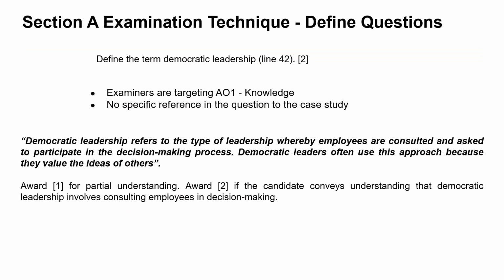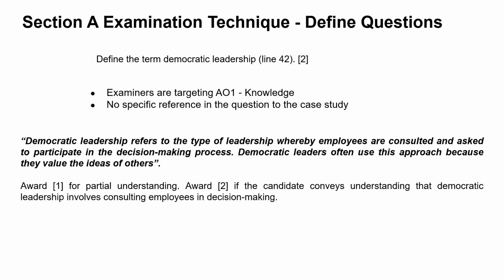Now, section A, look at the questions in the specimen paper. Command word define. Define the term democratic leadership. The assessment objectives are AO1 to AO4. This is targeting AO1 knowledge. There's no reference whatsoever to the case study.